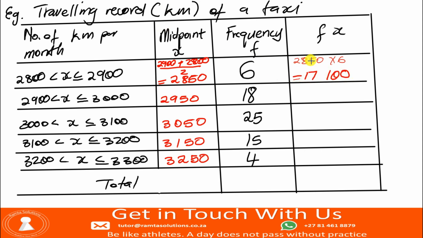Okay? So I'm not going to write this again. Now you have an idea. Now 18 multiplied by 2950 is 53,100.